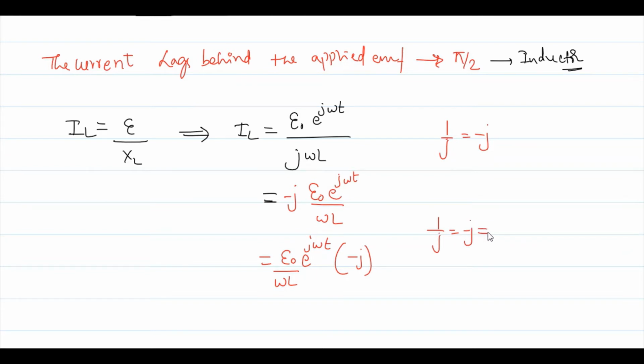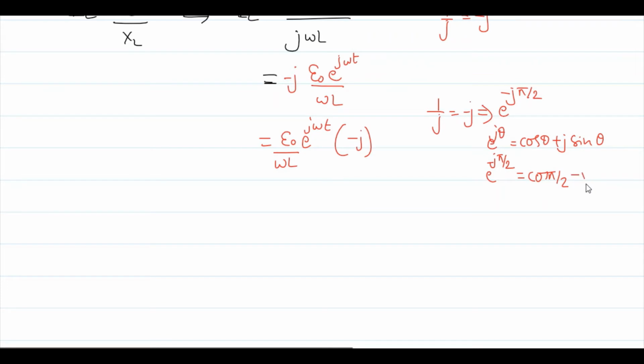We can write this in exponential form as e power minus j pi by 2, because we know that e power j theta can be written as cos theta plus j sin theta. If I substitute e power minus j pi by 2, I get cos pi by 2 minus j sin pi by 2. As cos pi by 2 becomes 0, I am left only with minus j, which is nothing but e power minus j pi by 2.